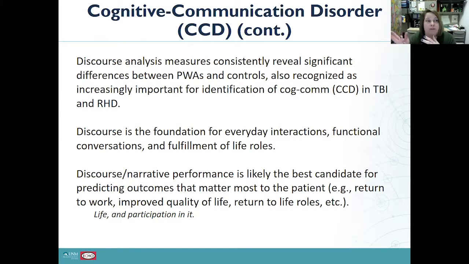So when people have stroke to the right hemisphere, a lot of their communication problems look exactly like a TBI. We know that discourse is the foundation for everyday interactions, functional conversations, and fulfillment of life roles. And it's likely going to be one of our better candidates for predicting outcomes that matter most to the patient.